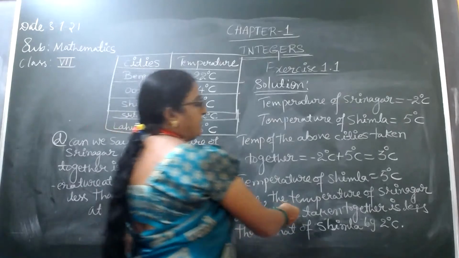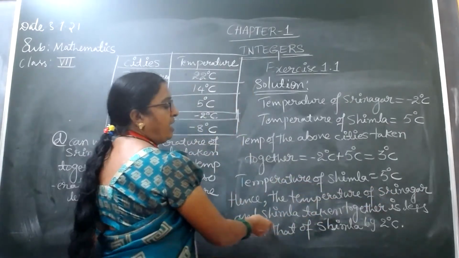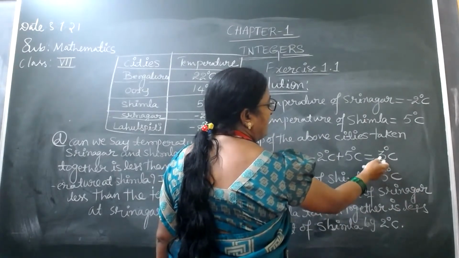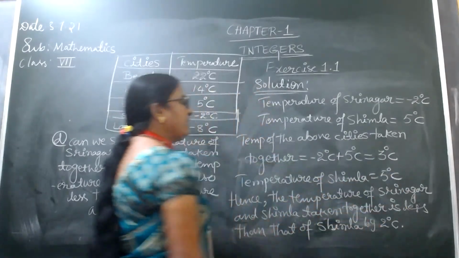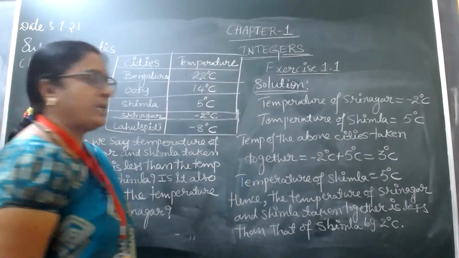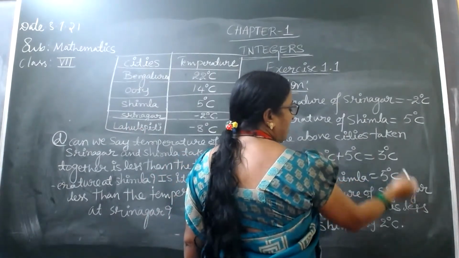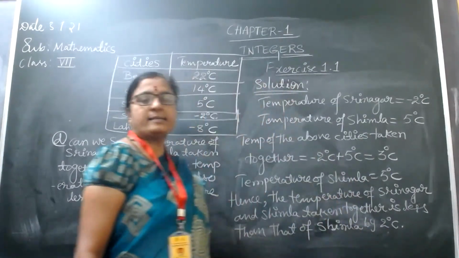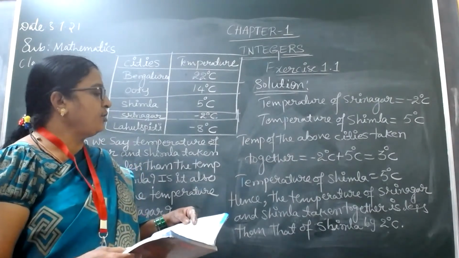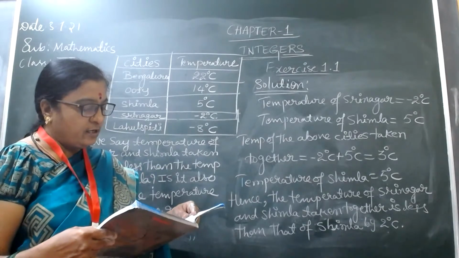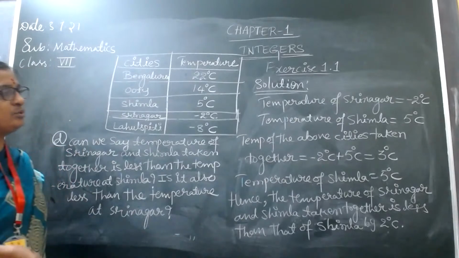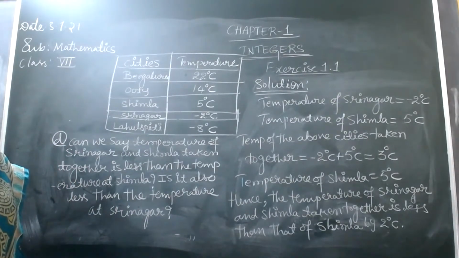So hence the temperature of Srinagar and Shimla taken together is less than that of Shimla by how many degrees? 2 degrees. From 5 degrees, subtract 3, remaining 2 degrees Celsius is less than that of Shimla. This is the solution of question D.